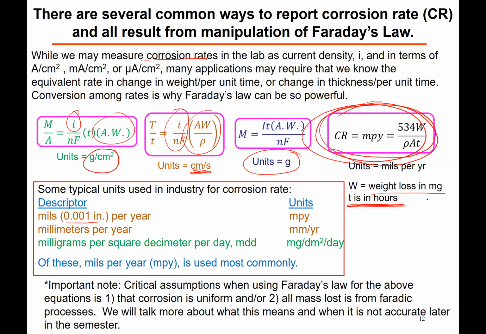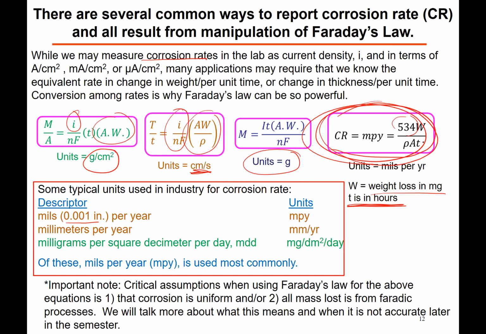Okay. There's also in your book, if you want to discuss the corrosion rate in millimeters per year, so mm per year, then this prefactor is no longer 534, it's 87.6, and you change your units of area from inch squared to centimeter squared, right?